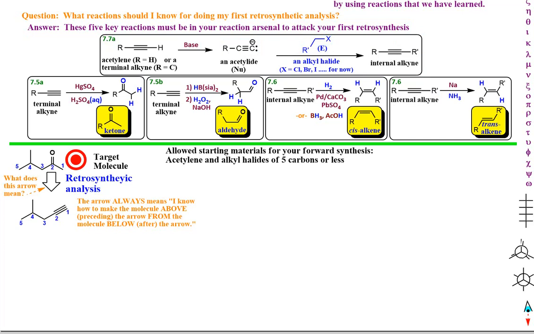So the bond I know how to make is this bond between carbons 2 and 3 right here. It comes from this anion, always an acetylide ion, as the nucleophile, which you don't have to identify in the test, so I'm not going to put it there. But it is the nucleophile.